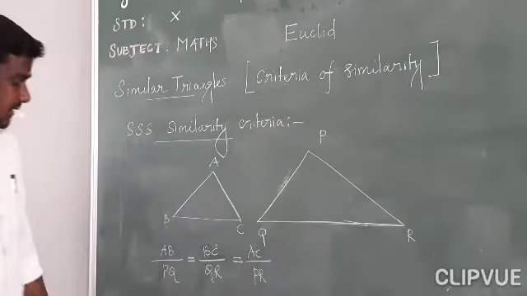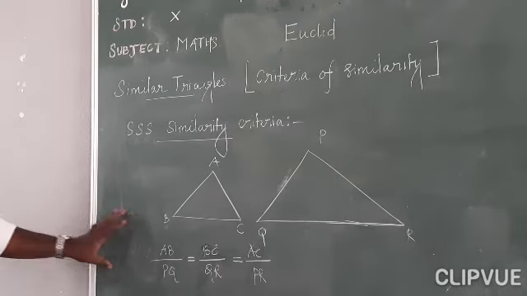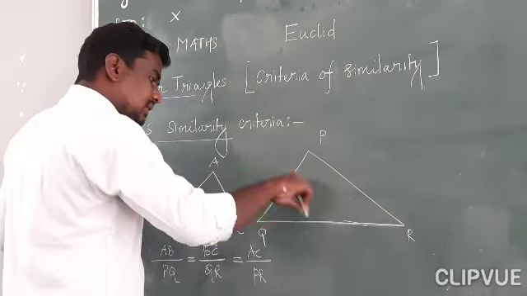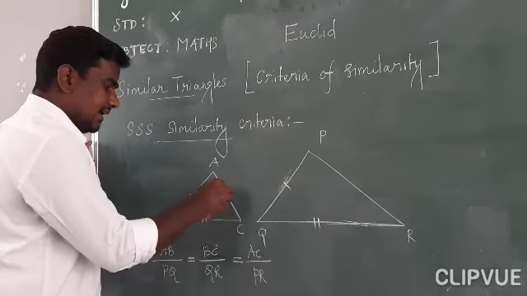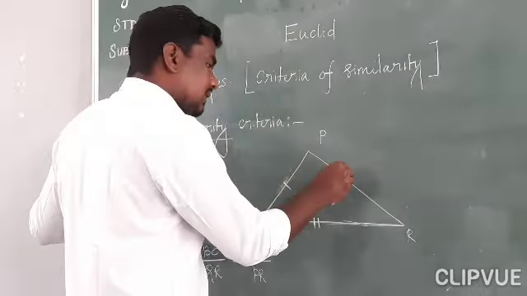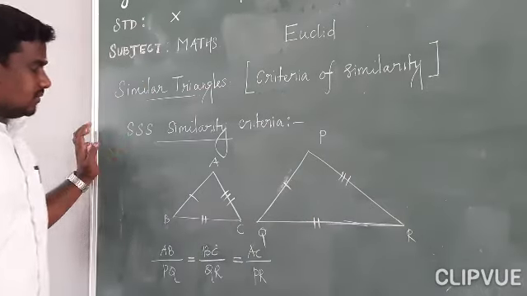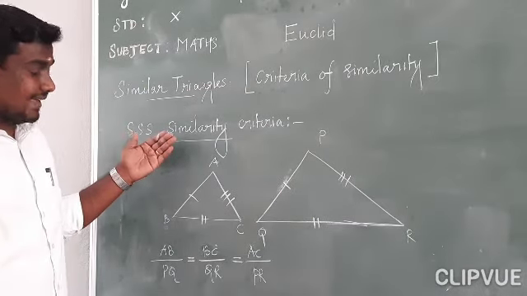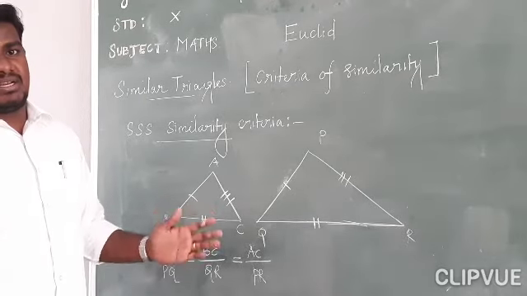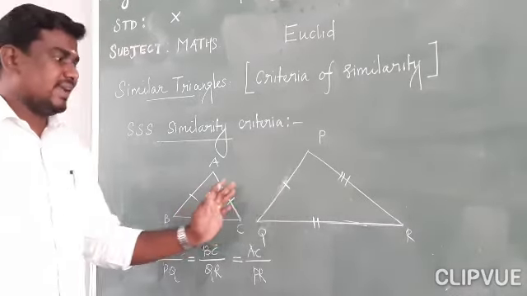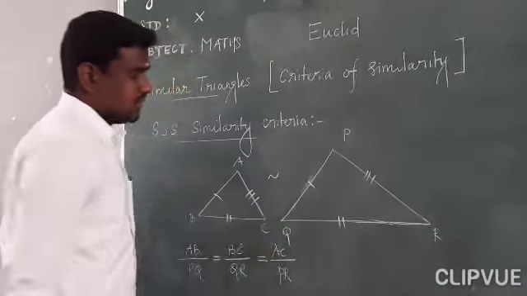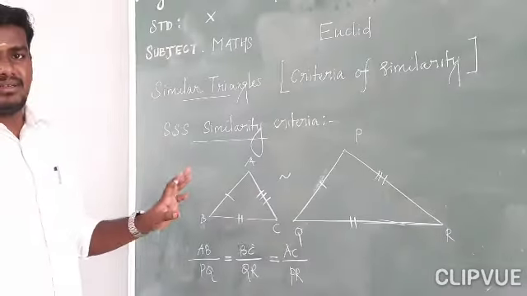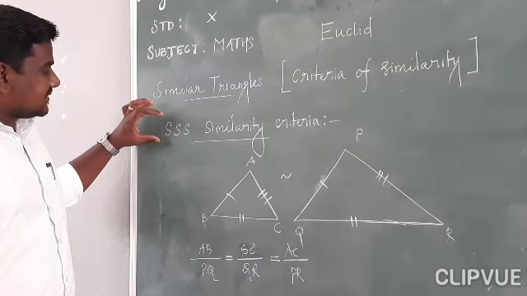What are they? Corresponding sides proportional. AB corresponds to PQ, BC corresponds to QR, and AC corresponds to PR. Okay, so if the two triangles' sides are in proportion, we can say the two triangles are similar. So ABC is similar to PQR. This is the third property.